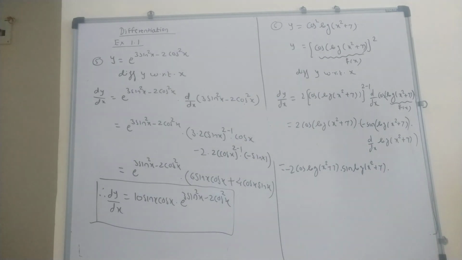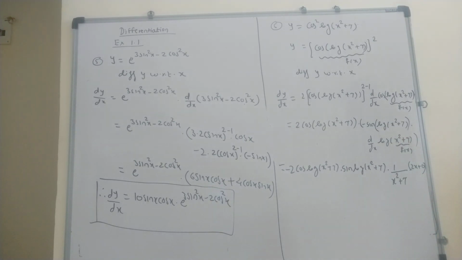Okay. And now this form is log of f(x), so the derivative value is 1 upon f(x), that is 1 upon x square plus 7 multiplied by the derivative of x square plus 7. The derivative of x square is 2x, 7 is a constant, derivative value 0.